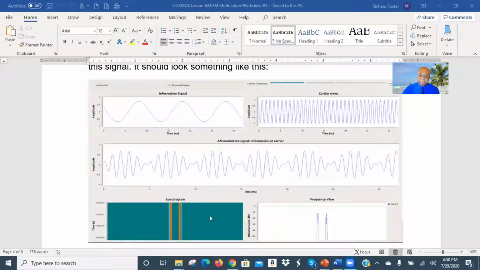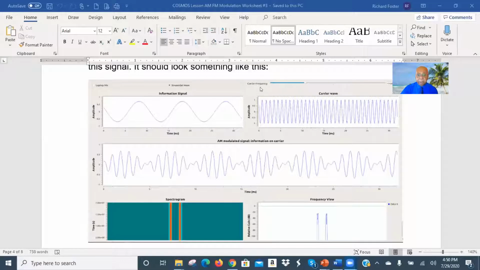If you see a lot of green and yellow and other colors, that means the signal is not very strong. Only the bright reds mean you have a strong signal. So if you see a lot of blue or green, it's not a very strong signal. Also, if you see yellow, it's very weak, not a strong signal at all. Okay? And this is the frequency view of the signal.